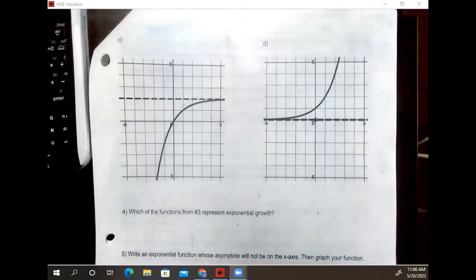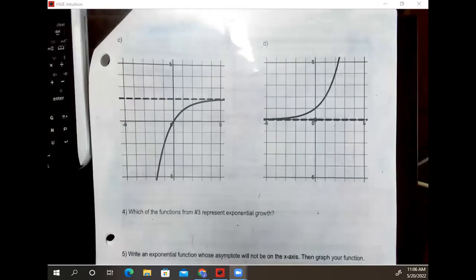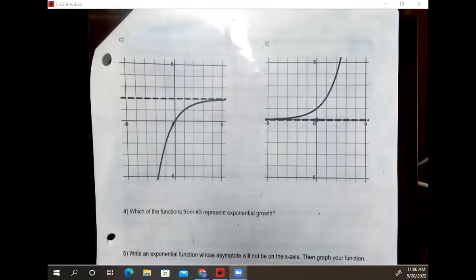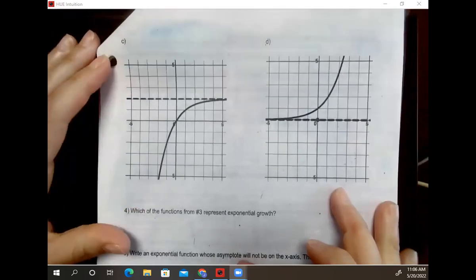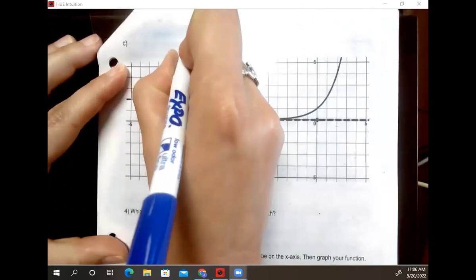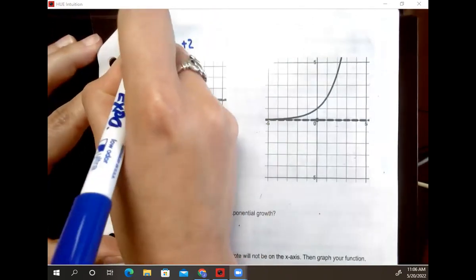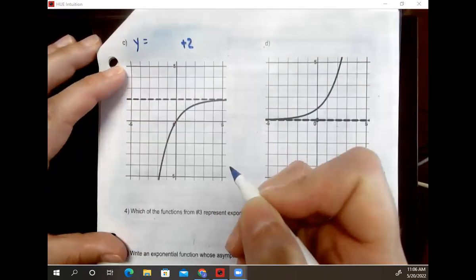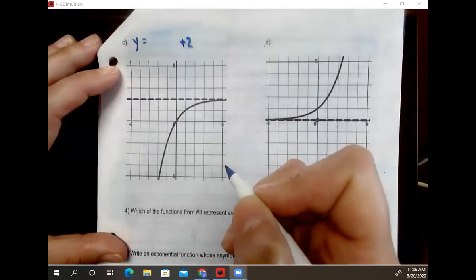Where's my asymptote for C? 2. So I should have a plus 2 at the end of my function. Where's my first point? How far is it from the asymptote?